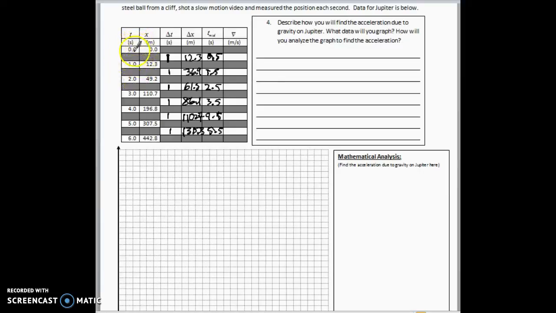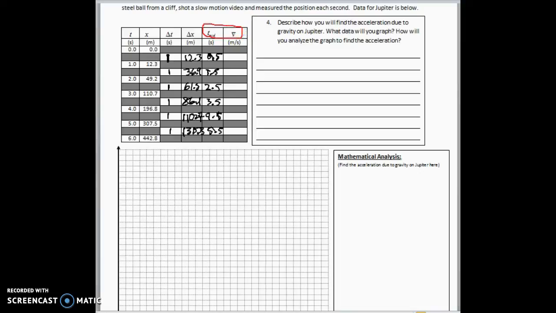In the beginning it's going slower, in the end it's going faster, right? What time is it going exactly the average velocity between 0 and 1 seconds? That time is the time in the middle, okay? So the time that it's going the average velocity is the mid time. Therefore, when we graph, we're going to graph these two columns here.